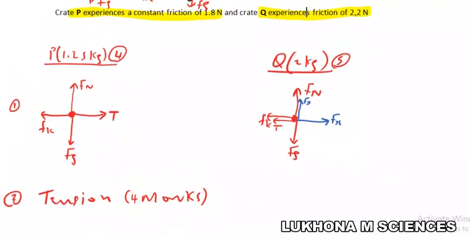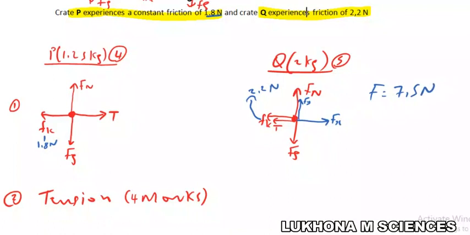Now if we look here, the friction is given. Here the friction is 1,8 newtons. We also have the friction here, which is 2,2 newtons. Then the force F is equal to 7,5 newtons.